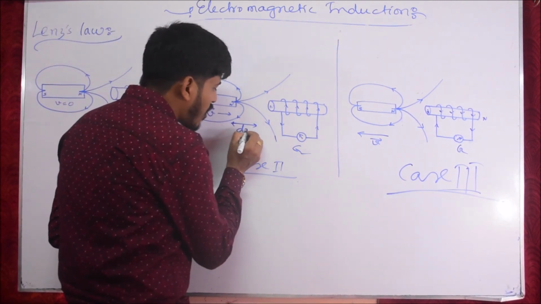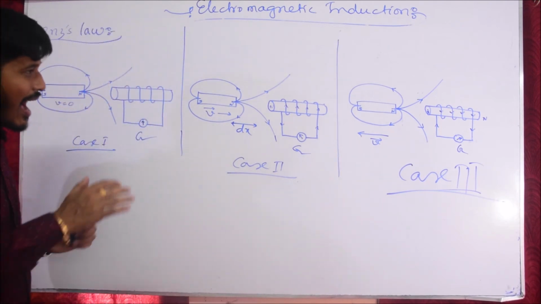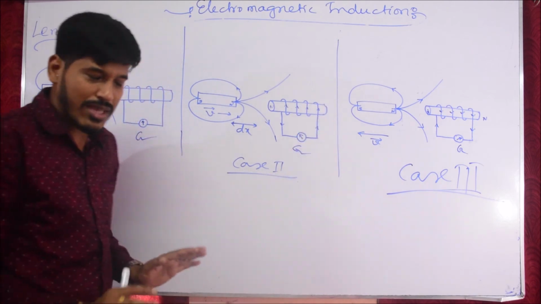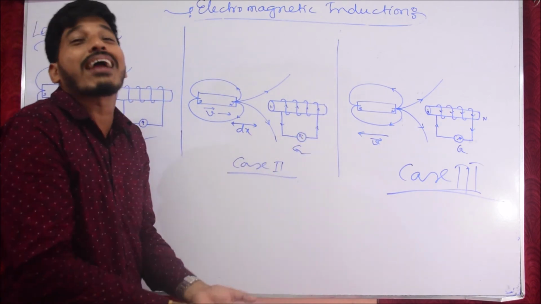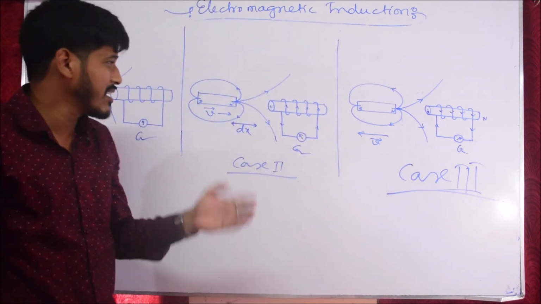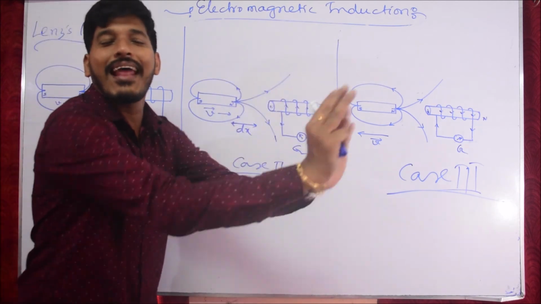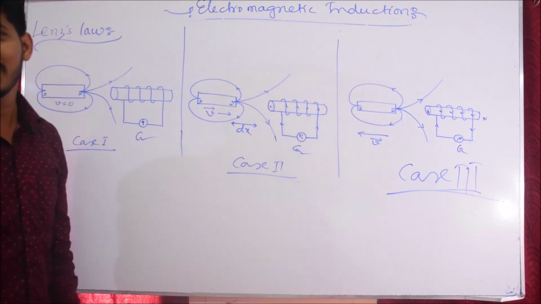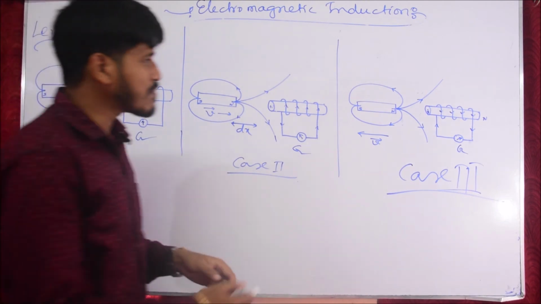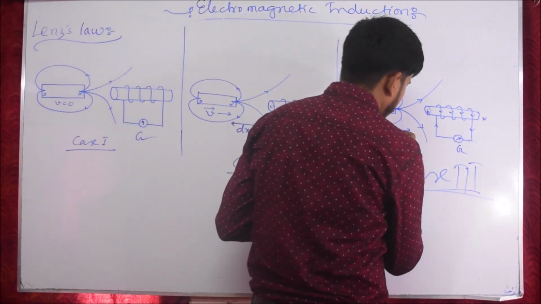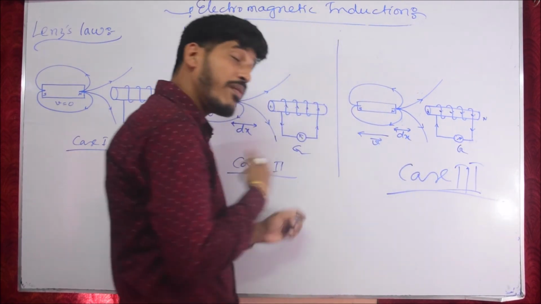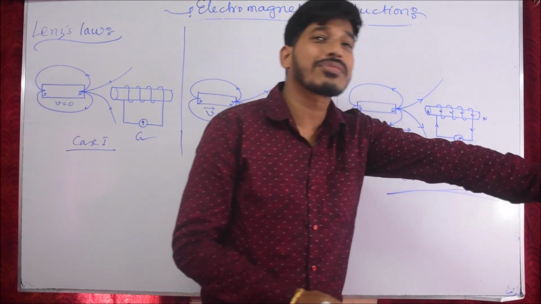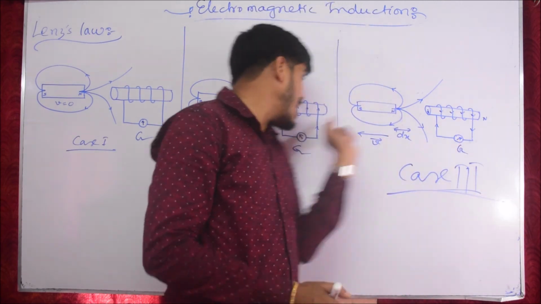Suppose for a small displacement dx, I have to do certain work, because when I want to move it, I have to do work against the force of repulsion. For the same displacement dx, whenever the magnet is moving away from the coil, then also I have to do the same amount of work.